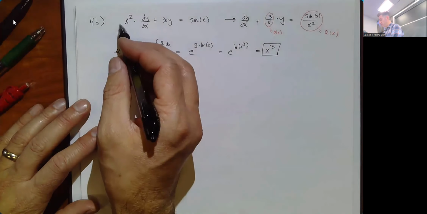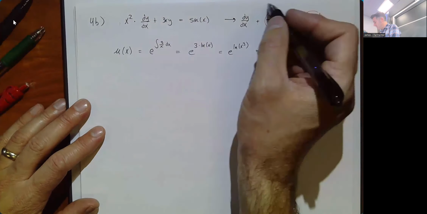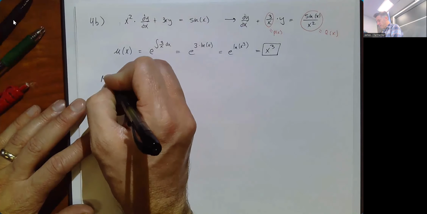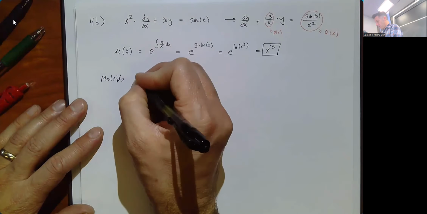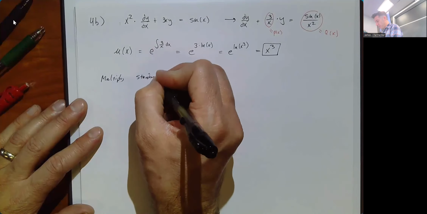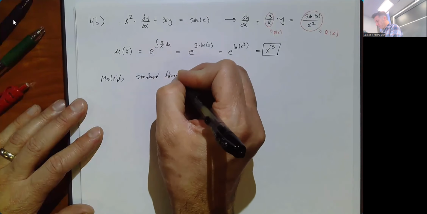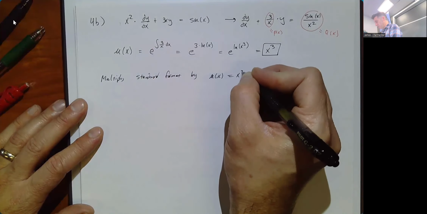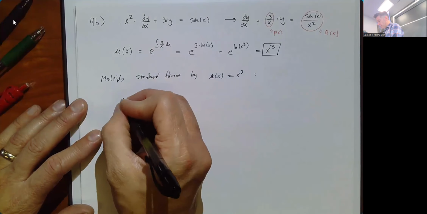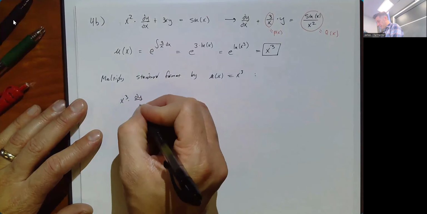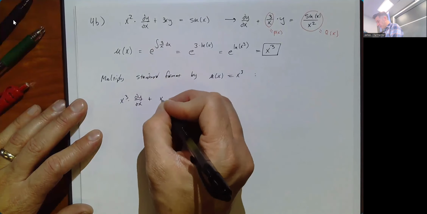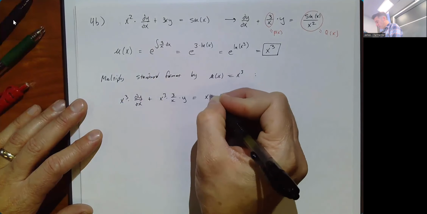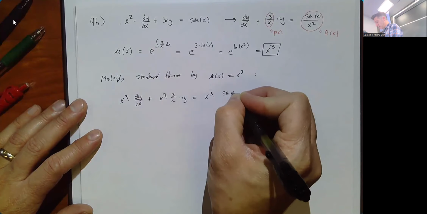But I would do the work of multiplying everything in this equation by x cubed. So multiply your standard format by mu of x equal to x cubed. So we're going to get x cubed times dy dx plus x cubed times 3 over x times y equal to x cubed times sine of x over x squared.